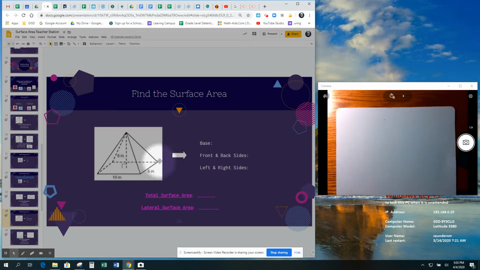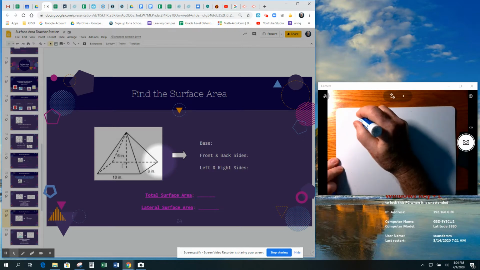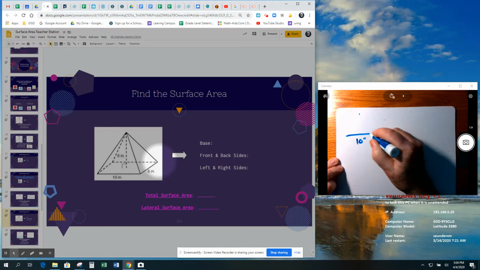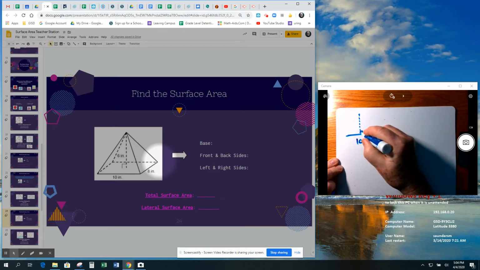So we have to do some work first before we get started. Let's take a look at what we have here. The total base is 10 inches. Then coming down from the apex, we have this dotted line that is perpendicular to the base, and it's 6 inches.